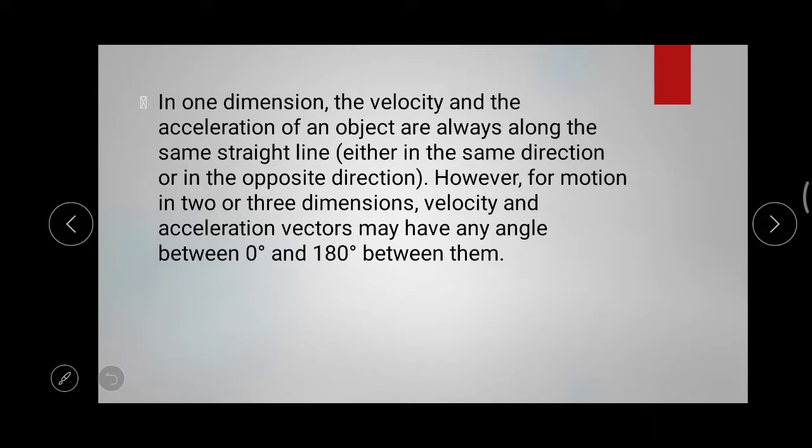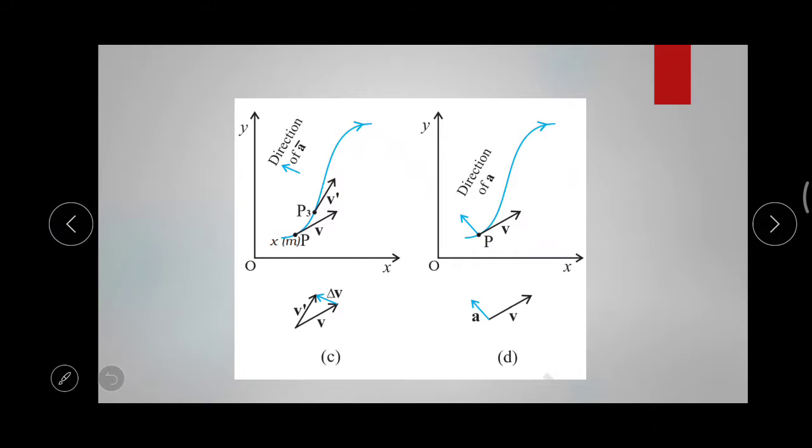But here we have seen that the direction of the velocity is this and the acceleration is this one. Both are different. As well, the change in velocity is also in another direction other than v and v dash.